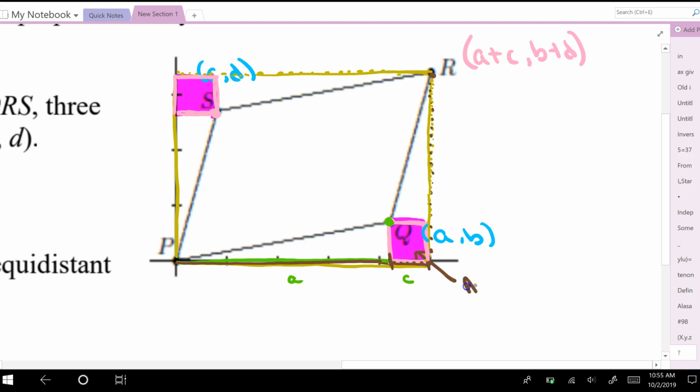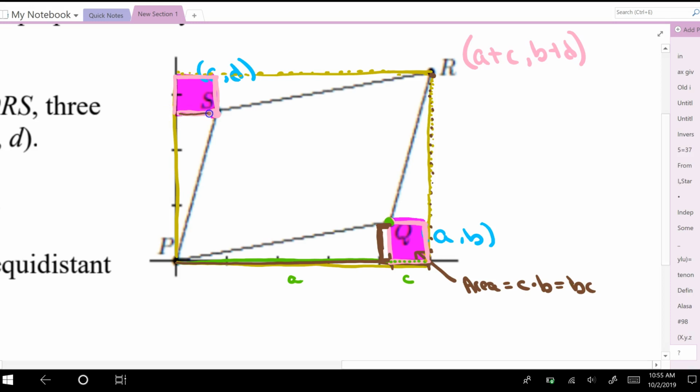So the area of this little pink rectangle is C times, now the question becomes, what is this distance, everyone? What would that distance be right here? That distance, what do you think? Well, that distance is just going to be B. So that this pink square right here has an area of C times B, or I'm going to write this alphabetically, B times C. That's the area of that lower rectangle. Do you see that? All right.